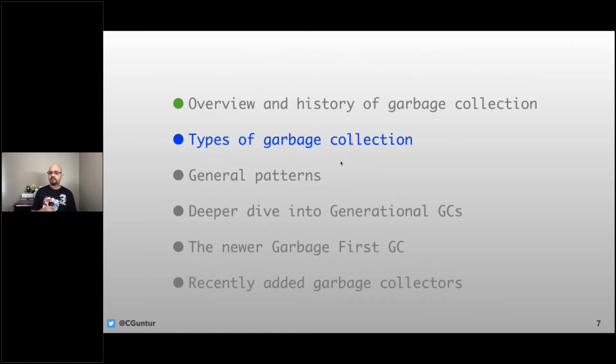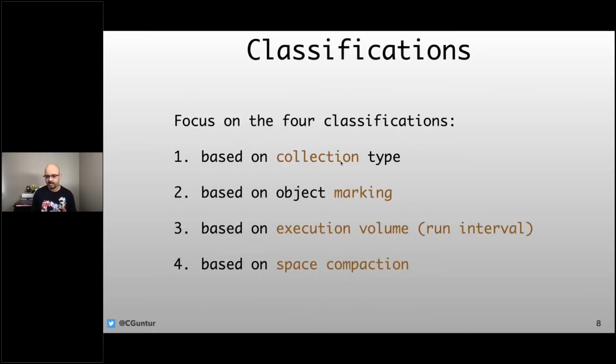What are the different kinds of garbage collection? Now, there are several different types, so we will only focus on 4 of them. Pay attention to the 4 that we are talking about, because these are important and they will be inlets into each of the next slides. Based on collection type, how are we collecting the garbage? Based upon the object marking type, how are we identifying the garbage to be collected, are we marking the objects as live or dead?